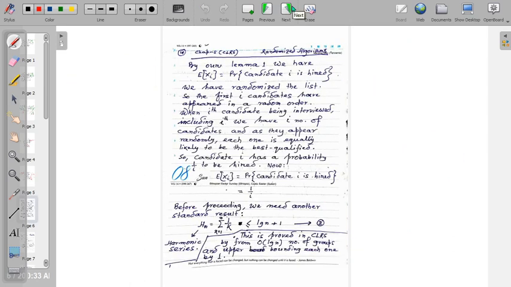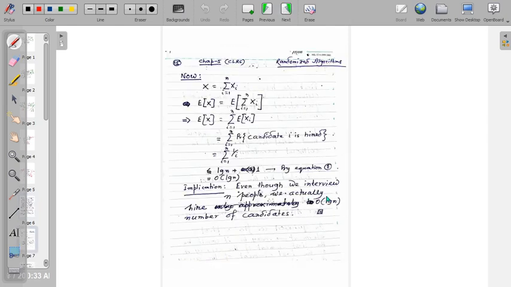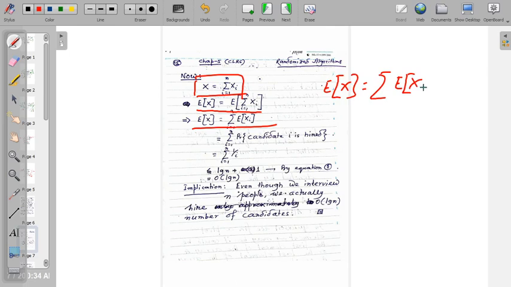So now what we have to do is take expectation on both sides, and then by linearity of expectation, the expectation goes inside.